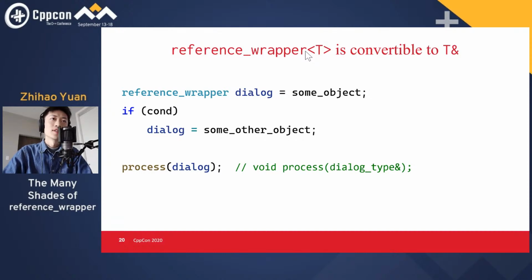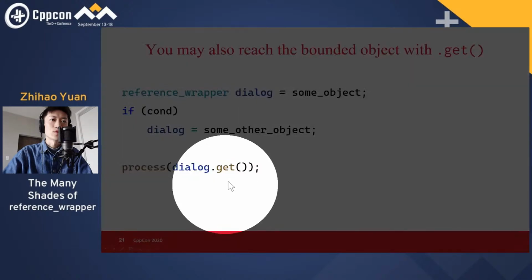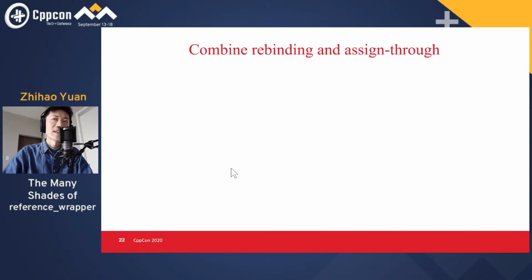This conversion can give you direct access to the bound object, but you don't have to rely on this conversion to get that access. You can also reach the bound object using the .get member function right here. With this, we are able to combine rebinding and assign through in the same program. When you want to rebind that object to a reference_wrapper, you use reference_wrapper's own assignment operator.